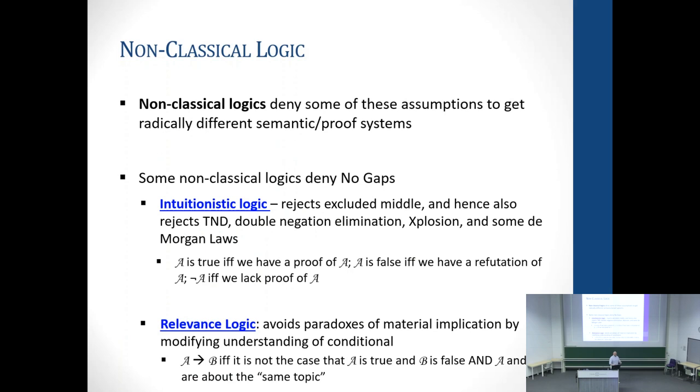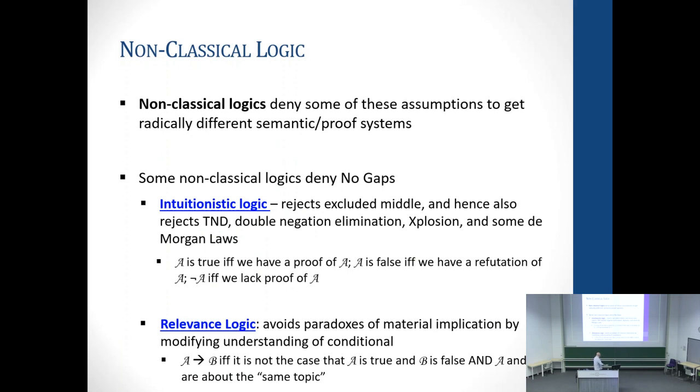And if you think about truth as having a proof for, negation becomes very hard to understand. Because you can have negation as is false, i.e., you have a proof against the claim, or you can understand negation as I don't have a proof for it. And if you understand negation as we lack a proof for it, you're very quickly going to get truth value gaps.